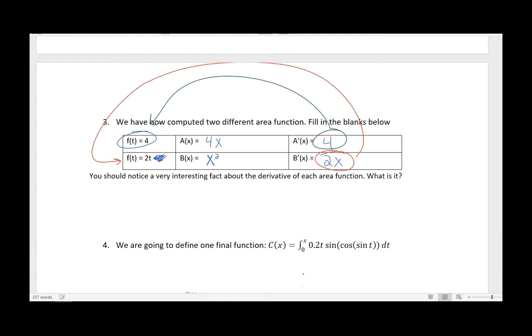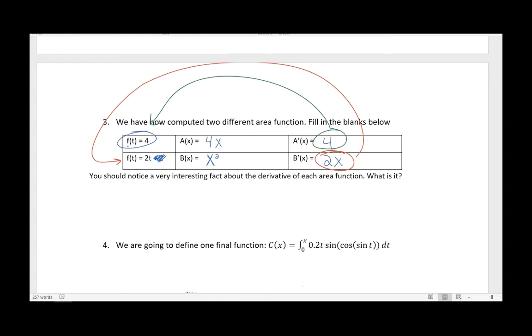All right, so what we're noticing in essence is that the integral does its thing and produces an output. And then when I differentiate that, it undoes what the integral does. When I took y equals 2t and I integrated, it did its thing and got x squared. And then when I differentiated, it did its thing and got 2x. And so the derivative is undoing the integral.